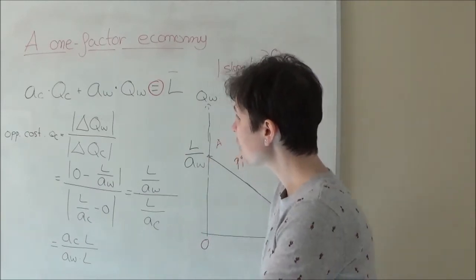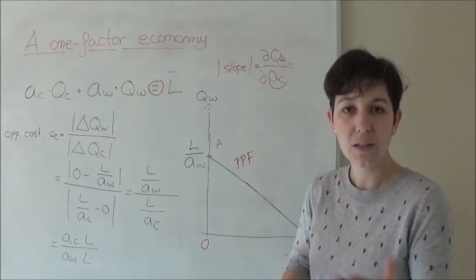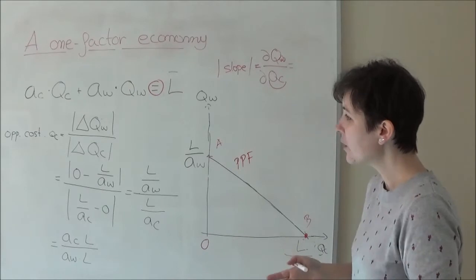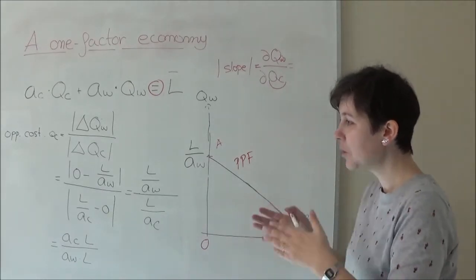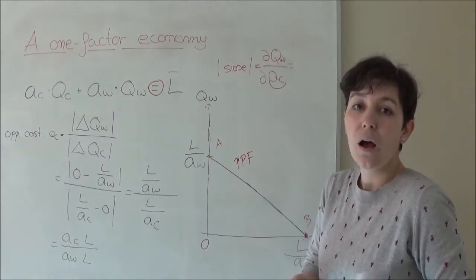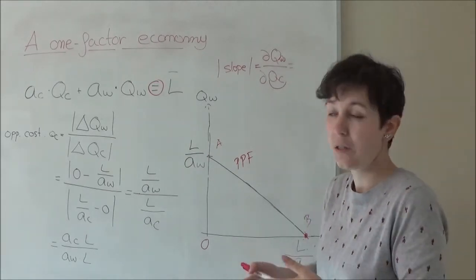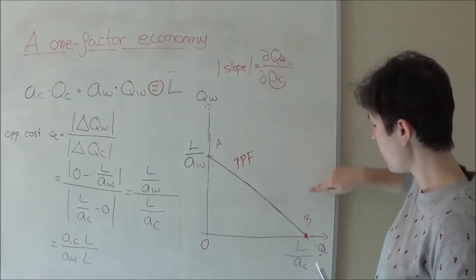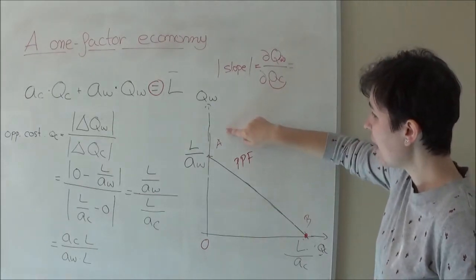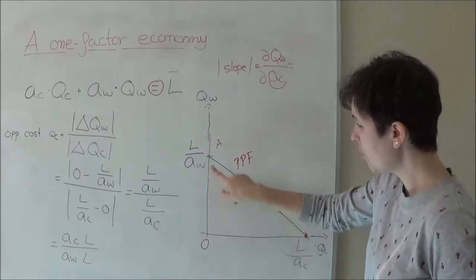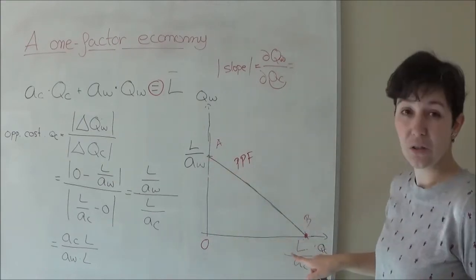So to do that, you just need 2 points. So this is the other way to do the same thing. You need 2 points in which you want to see what is the effect on wine coming from the increase of cheese. So it's going to be going from a point A to a point B, because at point A the production of cheese, which is on the horizontal, is 0, okay? Whereas here the production of cheese is higher.